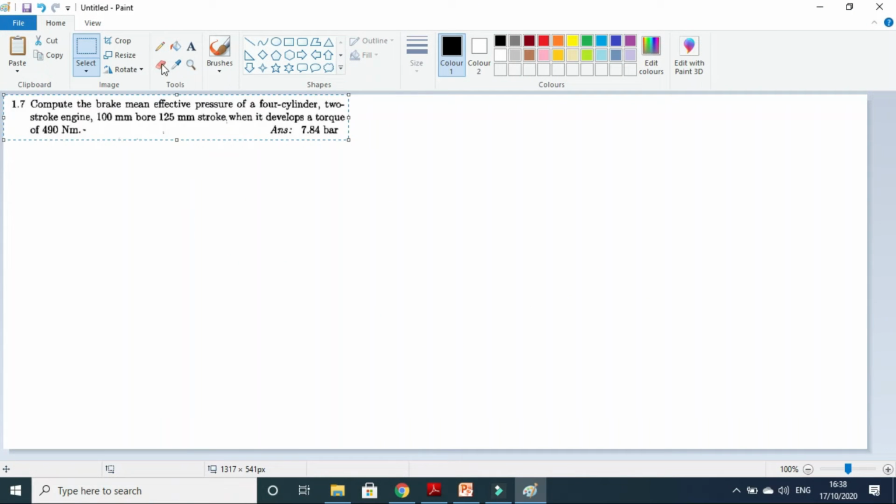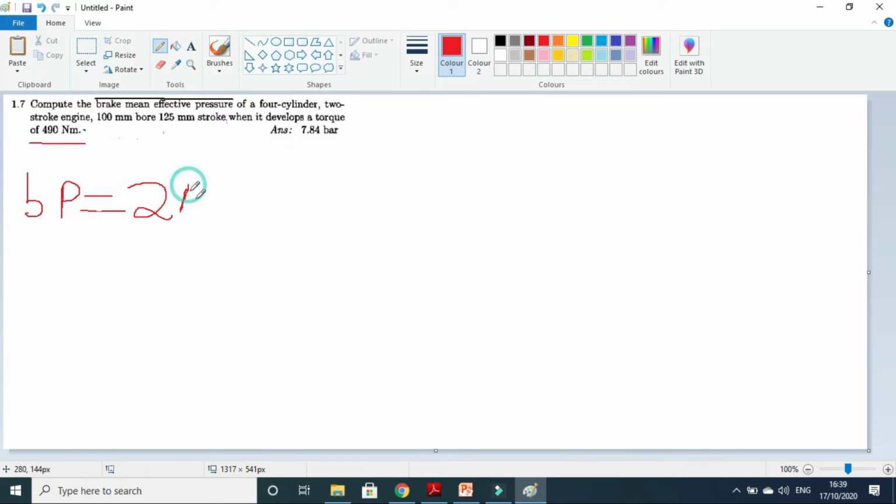Now you should know what the keywords are. You should know the brake mean effective pressure formula, and you should also know that it develops a torque. When the torque is given, you can calculate the brake power with this formula: 2 pi N T. I think this formula you must have also used in matric or in first year or second year.